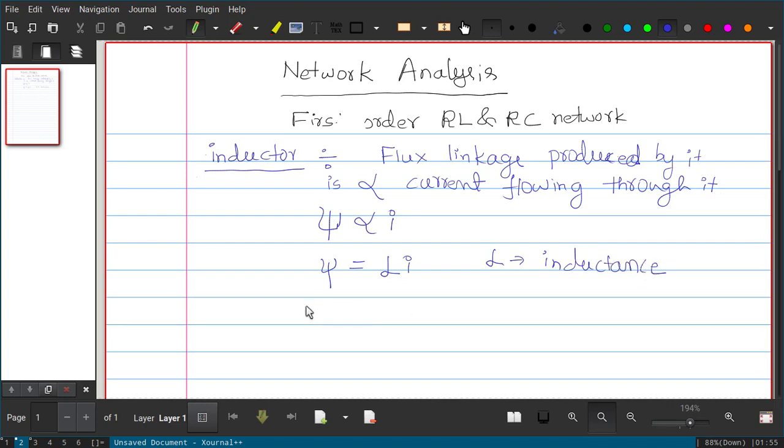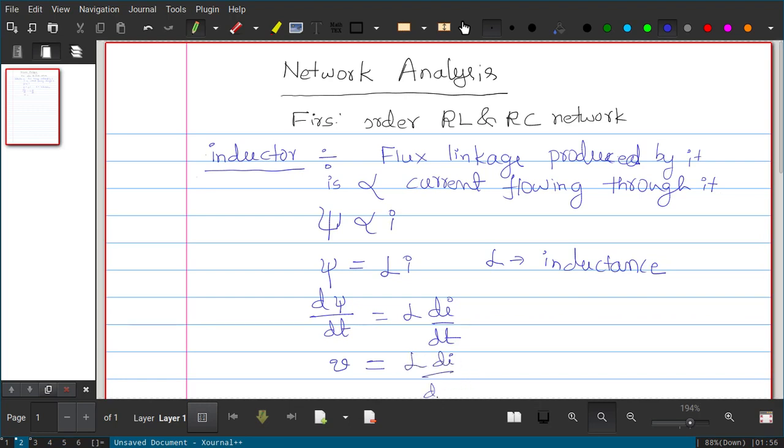Now if you take the differentiation with respect to time on both sides, d psi by dt equals L times di by dt. d psi by dt is nothing but a voltage. So the voltage induced or produced is d psi by dt, and that will be equal to L di by dt.